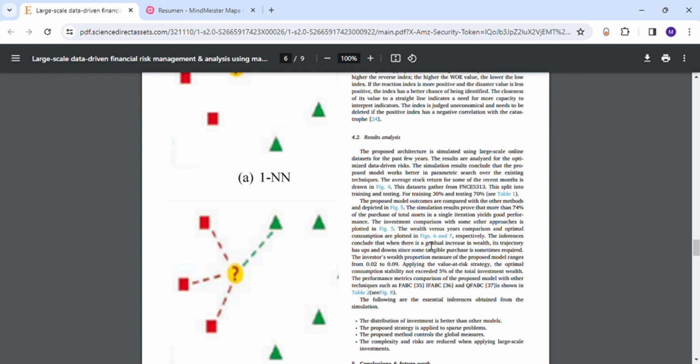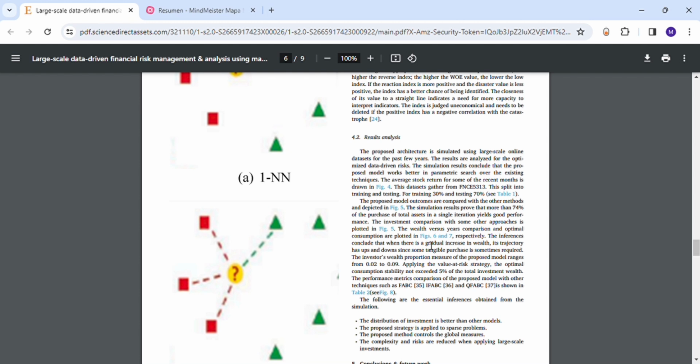The results prove that more than 74% of the purchase of total assets in a single iteration yields good performance. The investment comparison with some other approaches is plotted in figure 5. The wealth versus years comparison and optimal consumption are plotted in figures 6 and 7, respectively.